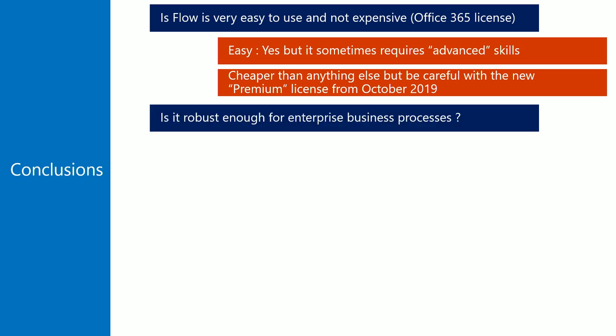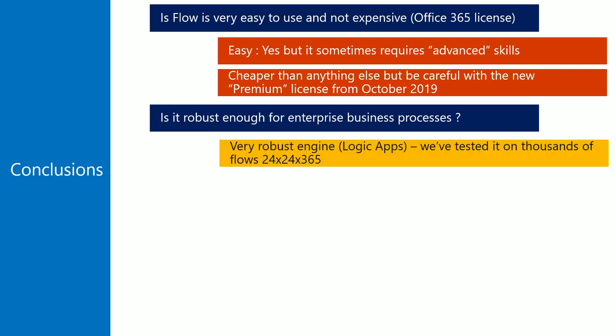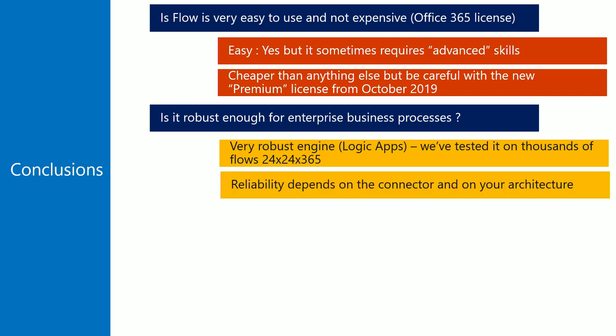Is Flow robust enough for enterprise applications? The answer is, based on my experience, yes. The engine is very robust. The engine is Logic Apps. It's very scalable. I've tested thousands of Flow runs, running 24 hours a day on Office 365. So that works. However, it depends on the connector that you use.